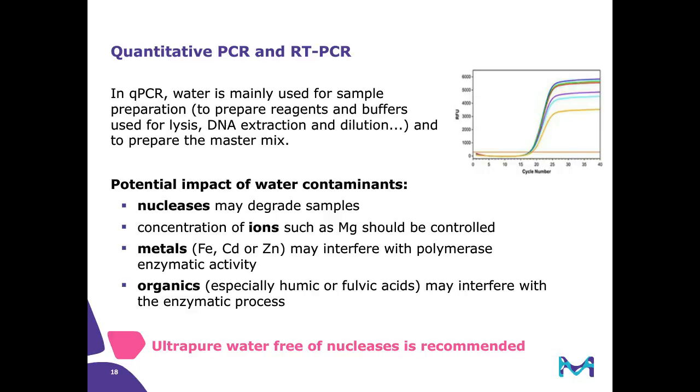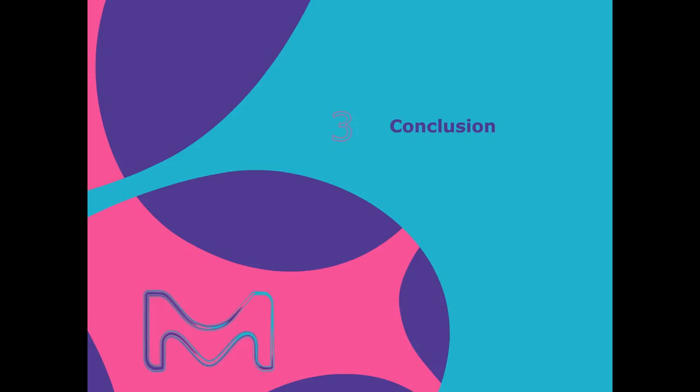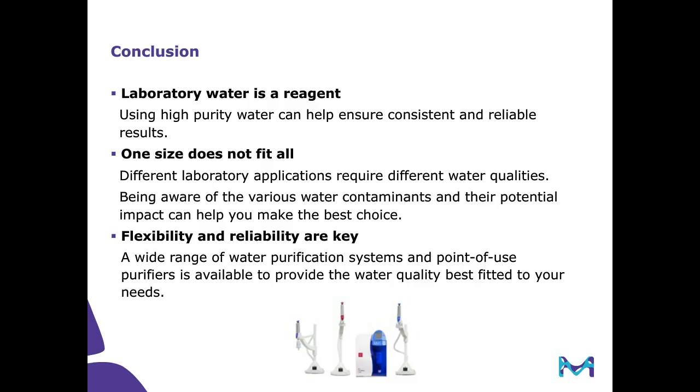So as a conclusion now, I just wanted to recap a little bit. So I hope that I convinced you in these few minutes that you should really look at the quality of the water that you're using in the laboratory, and that water quality is really important and that it needs to be adapted to the type of experiment you're doing.